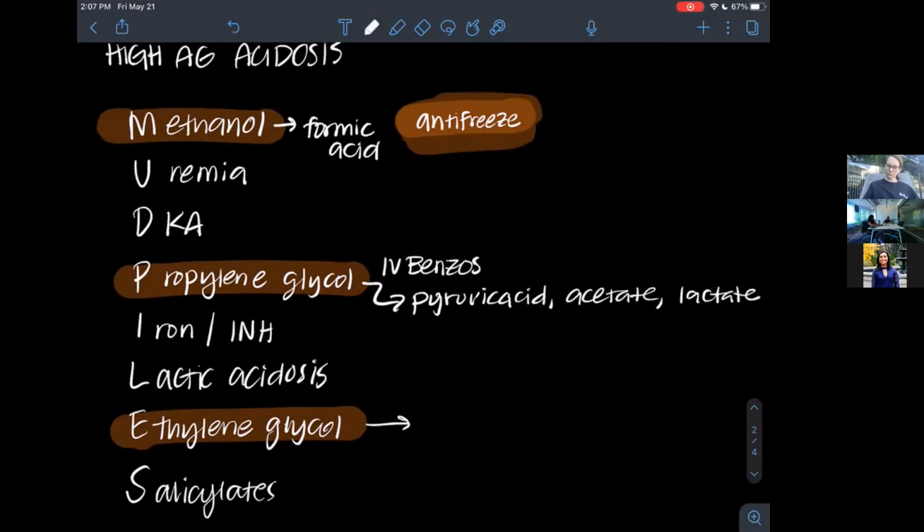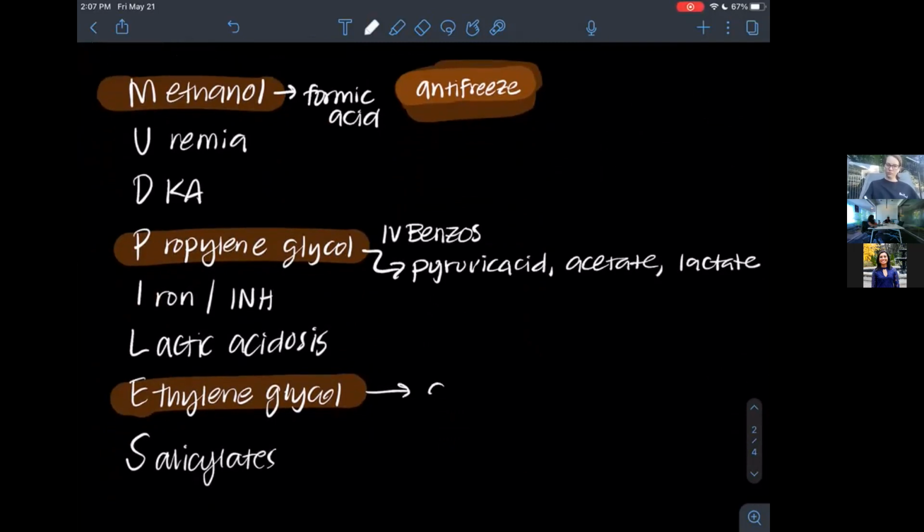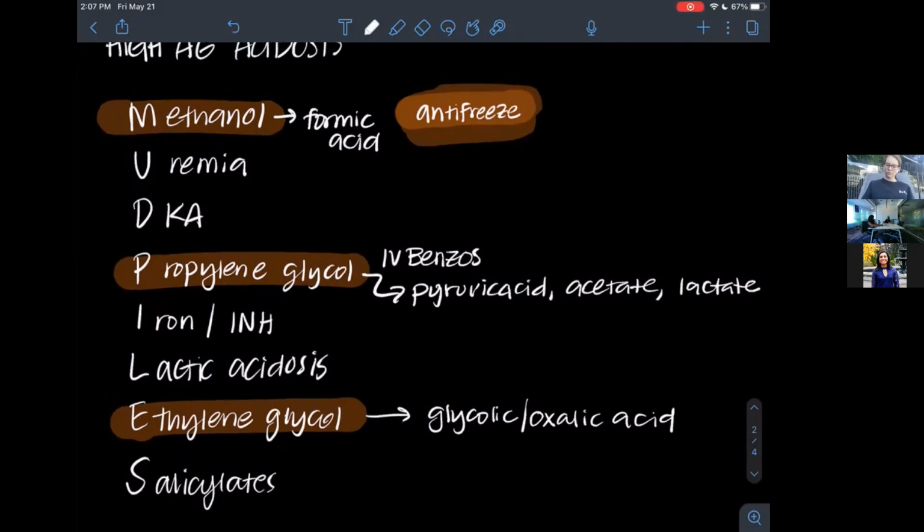And ethylene glycol makes glycolic acid and oxalate. So again, if it's not bicarb, chloride, hydrogen, or potassium, you're going to see a high anion gap for something. Why do we see uremia over here?